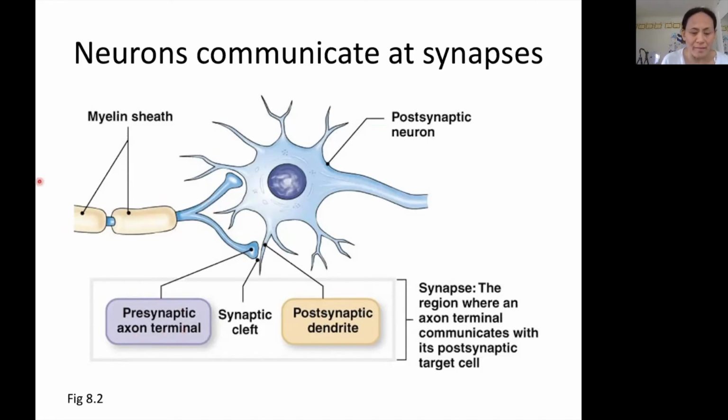Basically, the neuron that's bringing the signal in is called the presynaptic neuron, and it's going to pass its signal on to the next neuron in the chain, which we refer to as the postsynaptic neuron. There is a little space in between the presynaptic neuron and the postsynaptic neuron. We call that the synaptic cleft.